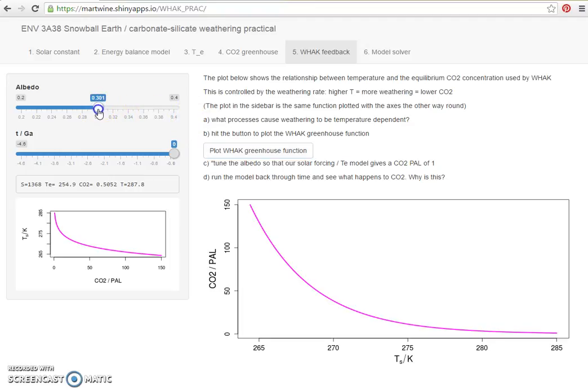So if we increase the albedo, we can see the CO2 value is changing here as a result of us twiddling the albedo.